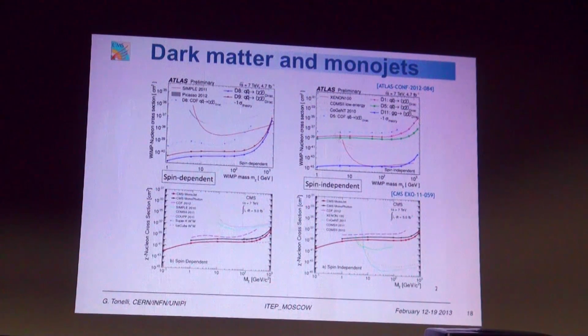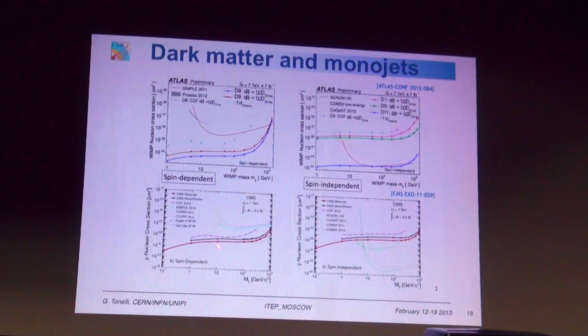These are the results that have been obtained in two different scenarios. Here you see the exclusion limits in terms of cross-section of the weakly interacting particles versus the mass. The data spans between 1 and 1,000 GeV.